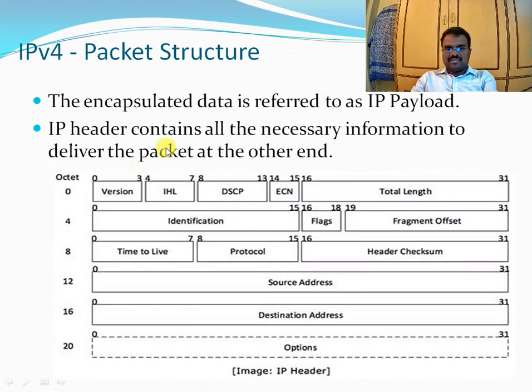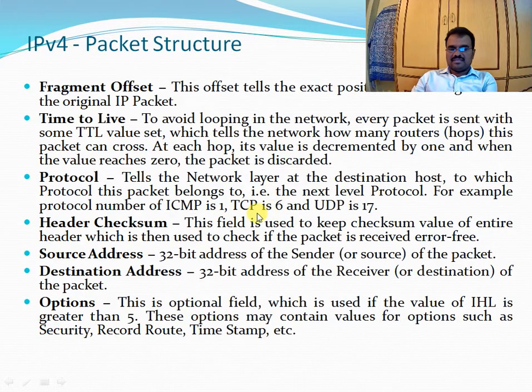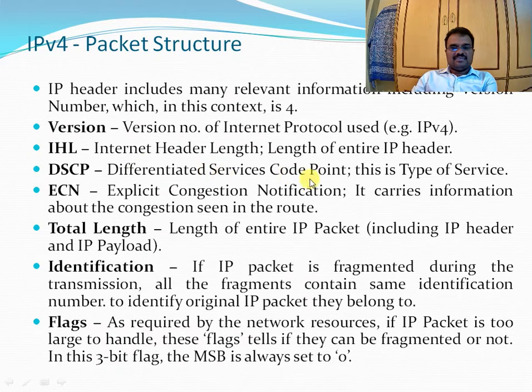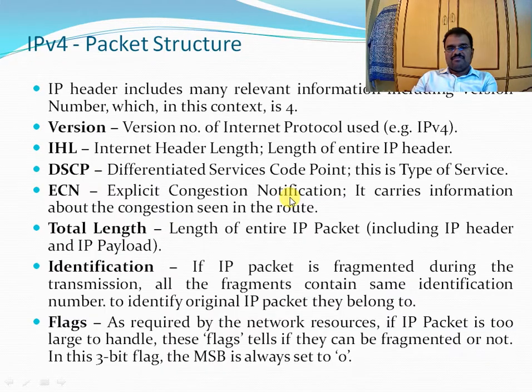Then DSCP, the Differentiated Services Code Point, which is the type of service. And ECN, Explicit Congestion Notification, carries information about congestion seen in the route. So if there is any congestion in the route, it will be informed through ECN.